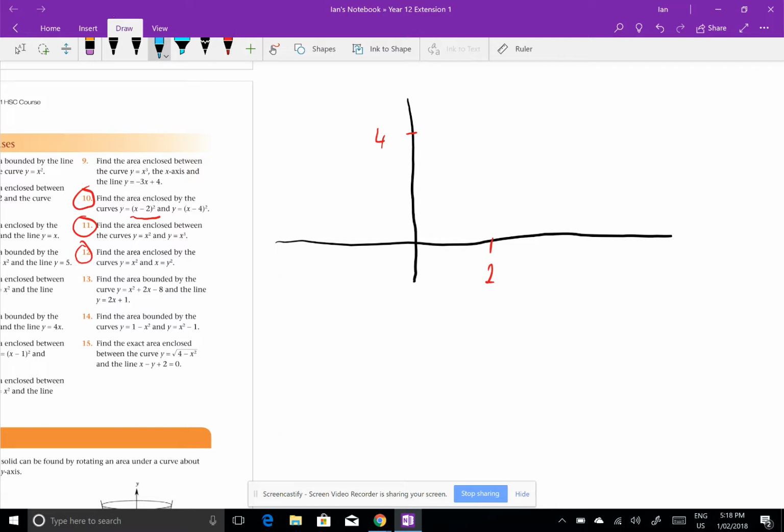So here it is. That's a double root, and there it goes. It's x squared shaped. If I were to expand y equals x minus 2 all squared, you'd get y equals x squared minus 4x plus 4.